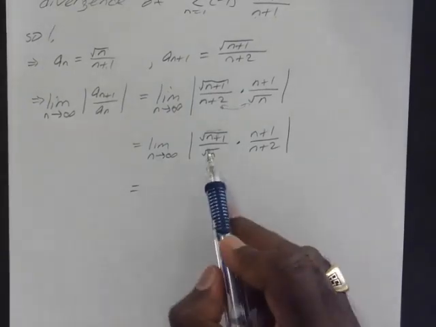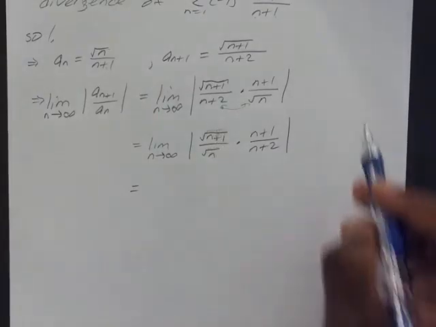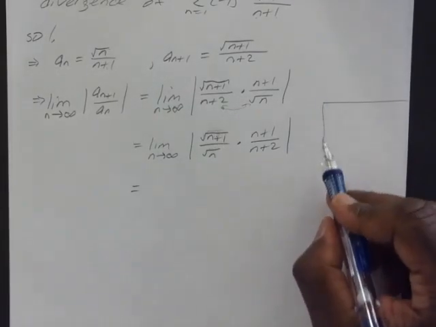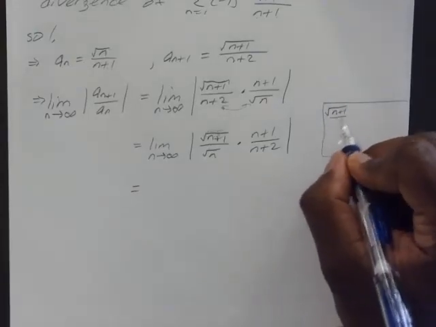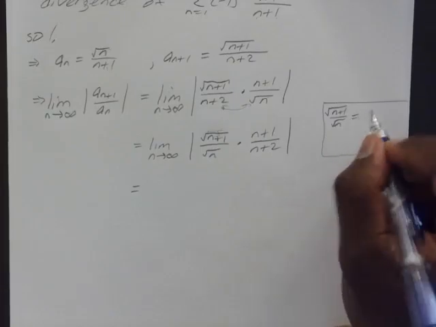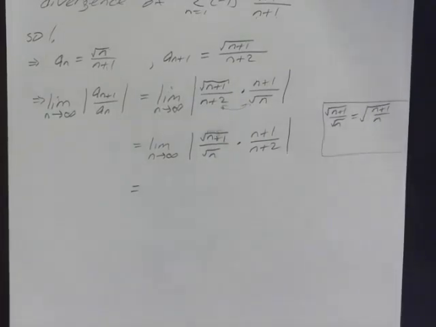Okay. So of course, since both of those are square roots, we can combine those and put them as 1. So we can take the square root of n plus 1 divided by the square root of n and just make it the square root of n plus 1 over n.